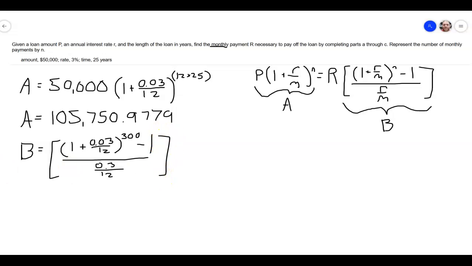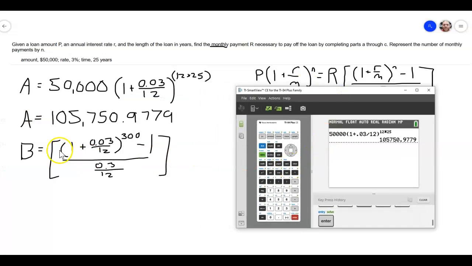And so let's put this in our calculator here. Remember, I'm going to put the whole numerator and the whole denominator in parentheses.